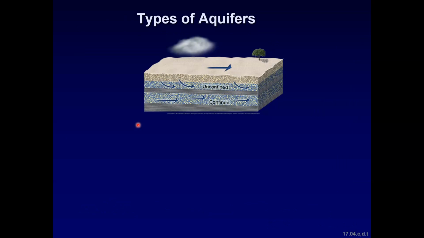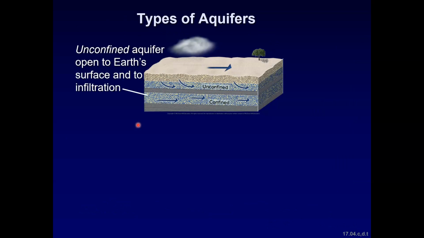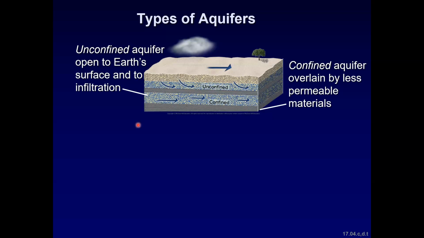Major types of aquifers we can define as unconfined versus confined. So an unconfined aquifer is open to the Earth's surface and to infiltration of surface water into that aquifer. And a confined aquifer is overlain by less permeable materials. And let me back up here. What is an aquifer?